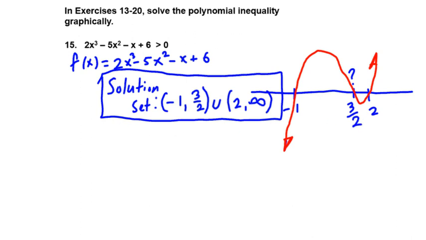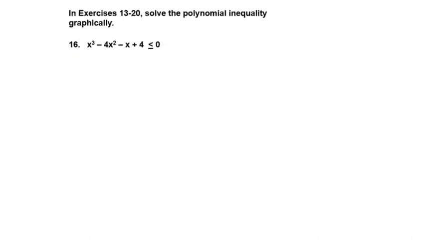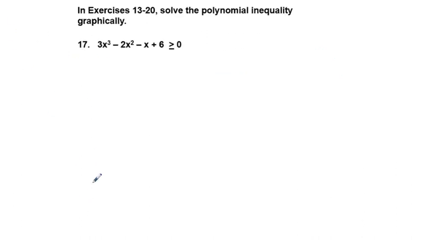Okay. The next problem we'll look at, starting with problem 17. We're going to graph the function f of x equals 3x cubed minus 2x squared minus x plus 6.